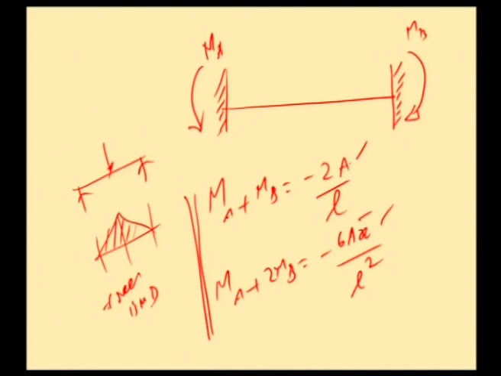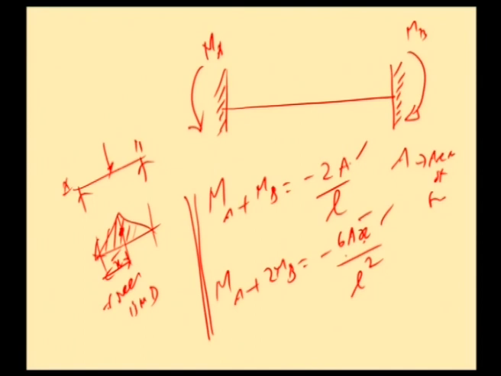So, A is the area of the free BMD, and x bar is the moment of the area about the left end A. So, x bar is the CG distance of the free BMD with respect to the left end.